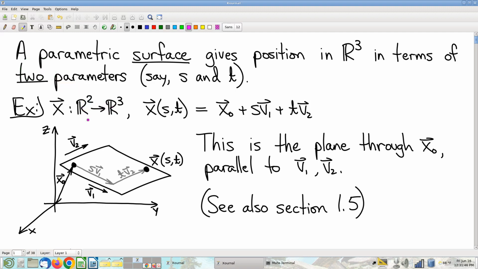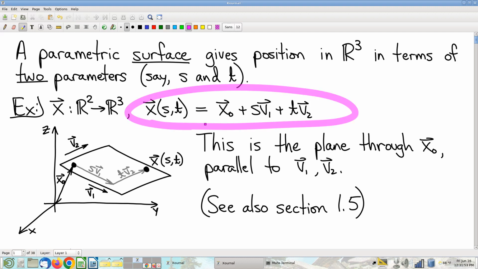So here is a nice sort of starter example. This is what we call a parametric plane, and y'all have actually seen this before. We talked about parametric planes back in chapter 1, section 1.5. So you can flip back in your notes and take a look at that.